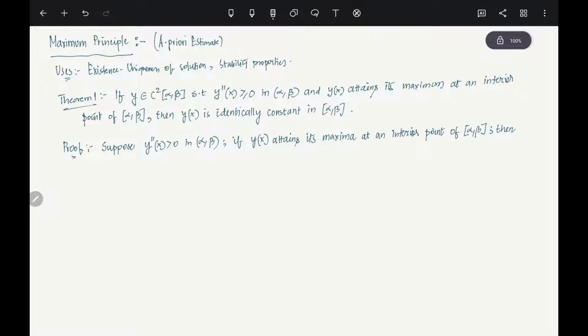Basically what I'm trying to say is, at an interior point of (alpha, beta), let's say x naught. The point is x naught. Then what can you say?